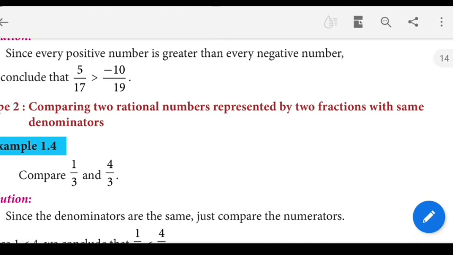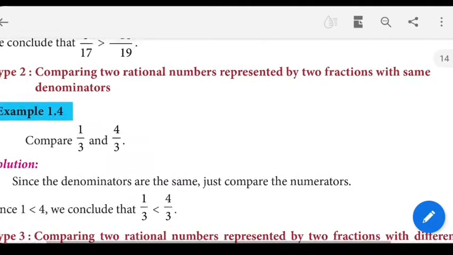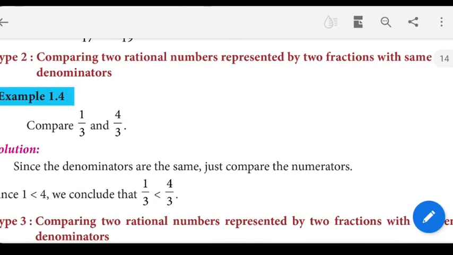If we have numbers with the same denominator, we can easily identify which is greater and which is less, because if the denominator is the same, it's enough to compare the numerators. The greater numerator is the bigger number, the smaller numerator is the smaller number.